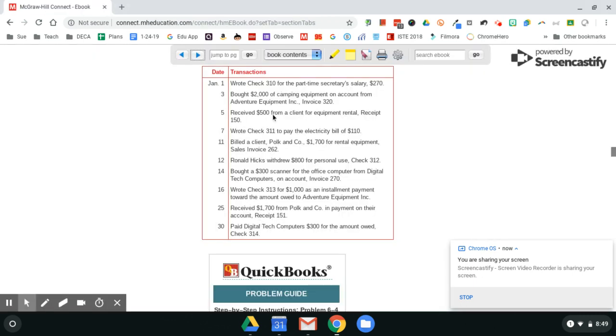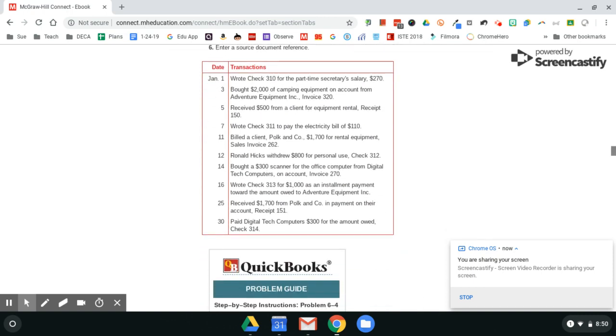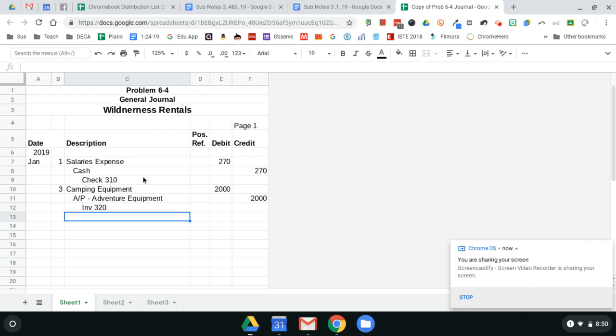On the 5th, we received $500 from a client for equipment rental. Receipt $150. Now remember, a receipt was a source document where you received money. Okay, and this looks to be a revenue transaction, equipment rental revenue. Okay, so cash is going up. That's going to be my debit. The rental revenue is going to be my credit.